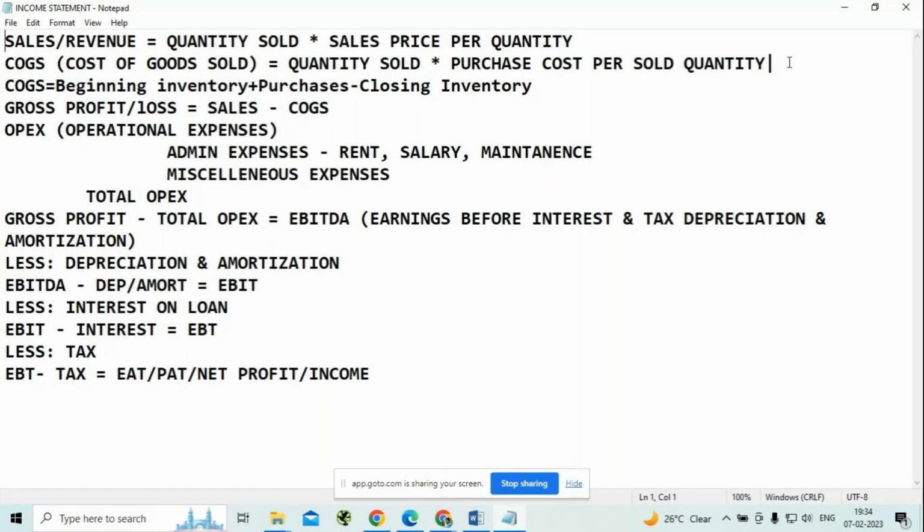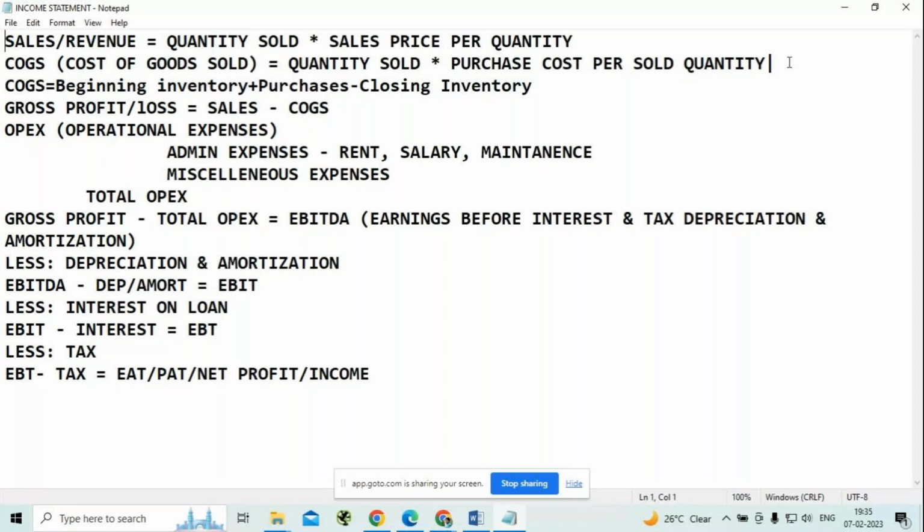So when I purchased 1,000 into 20 rupees, 20,000 was my total purchase cost. Out of 20,000, I have sold goods worth how much? 600 into 20, so how much is 600 into 20? 12,000. Very good.